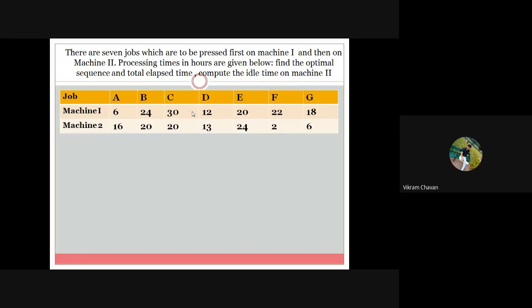Please comment in the chat box, and that processing time is related to which machine? Lowest processing time. What is the lowest processing time?